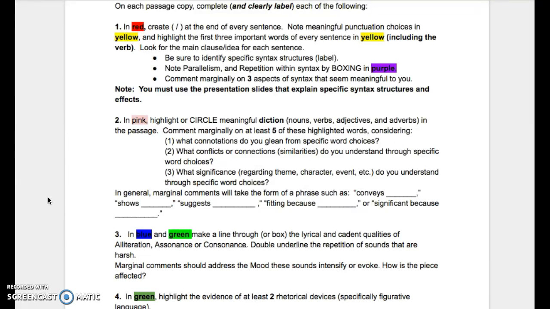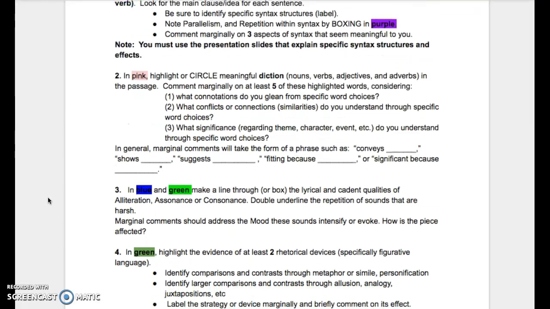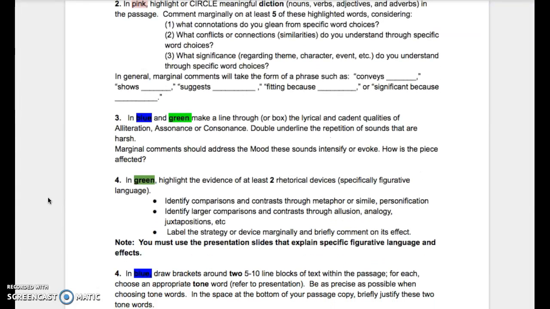All the while you should be commenting in the margins. In pink you should highlight or circle the meaningful diction, and in the margins you should mention how that diction is supplying overall characterization, setting, conflict, mood, what it's doing to impact the piece. The third thing you'll be looking for as you annotate is in blue and green.